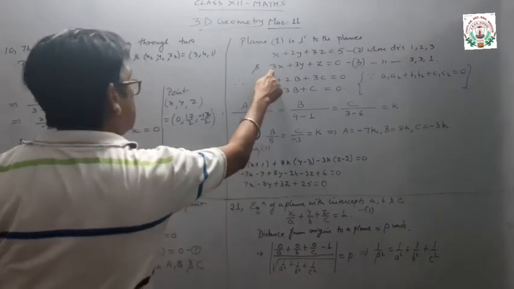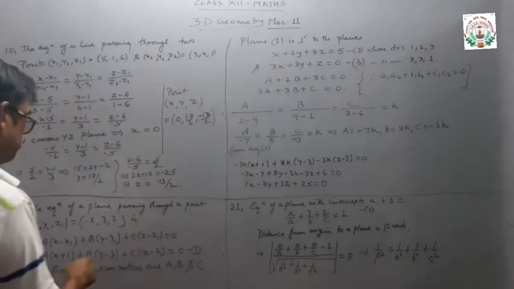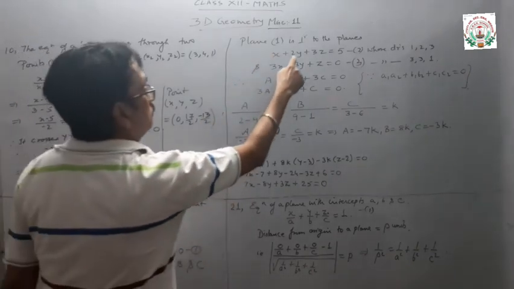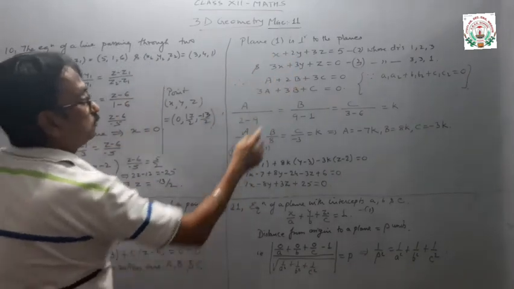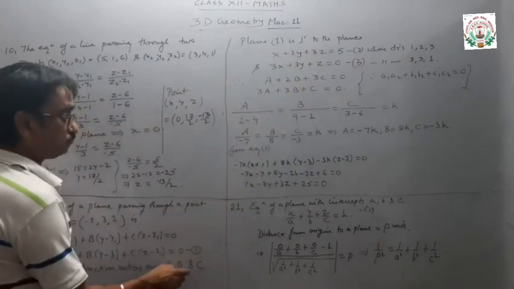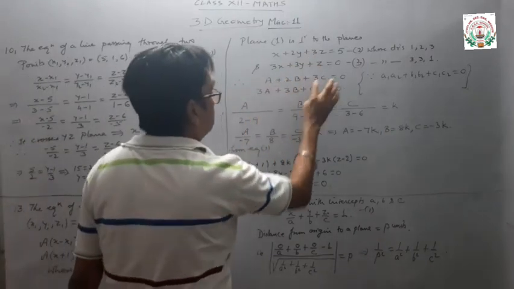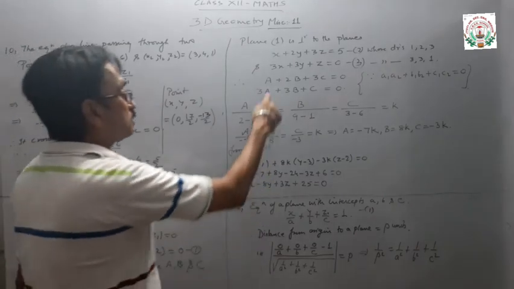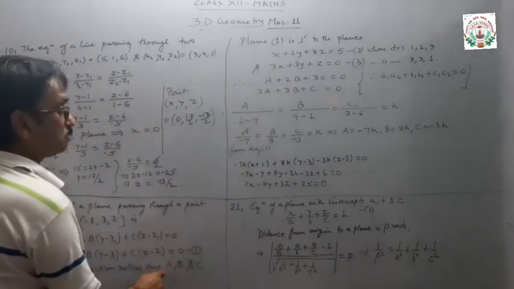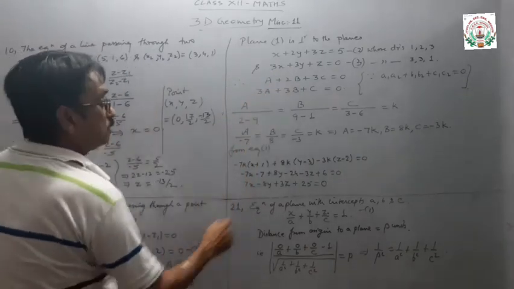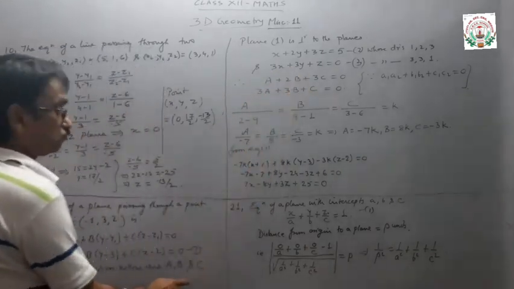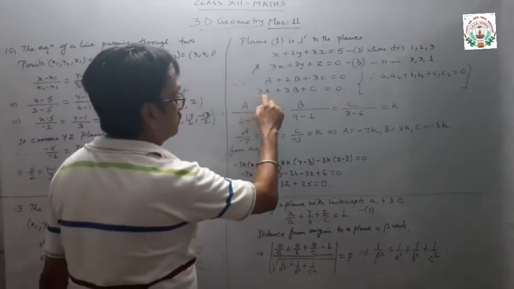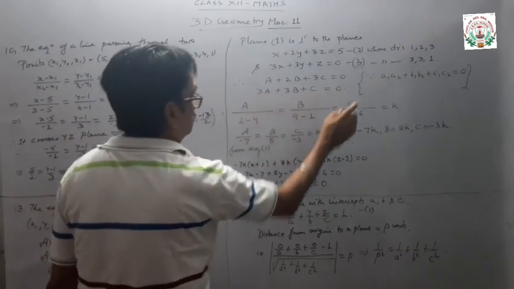So 1 into a, 2 into b, 3 into c will be equal to 0. So we get a linear equation in 3 variables, a plus 2b plus 3c equal to 0. And the second plane: 3 into a, 3 into b plus 1 into c. So we get the second equation 3a plus 3b plus c equals to 0.